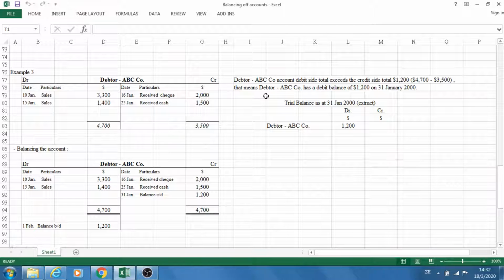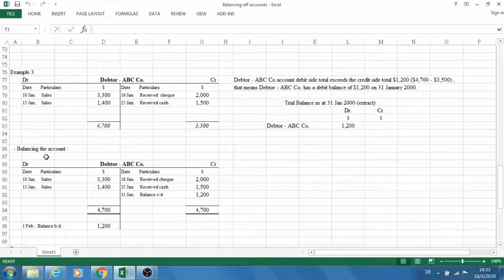That means debtor ABC company has a debit balance of 1,200 on 31st January 2000. It is shown on the debit column of the trial balance as at 31st January 2000.